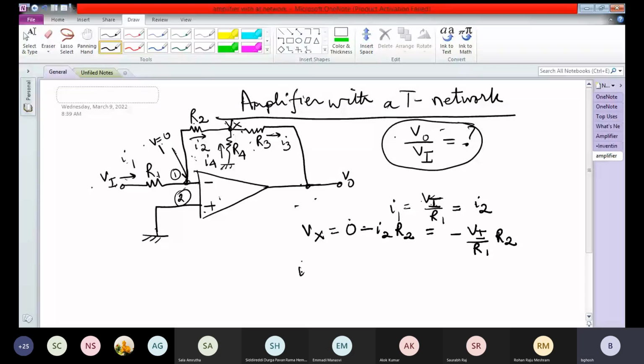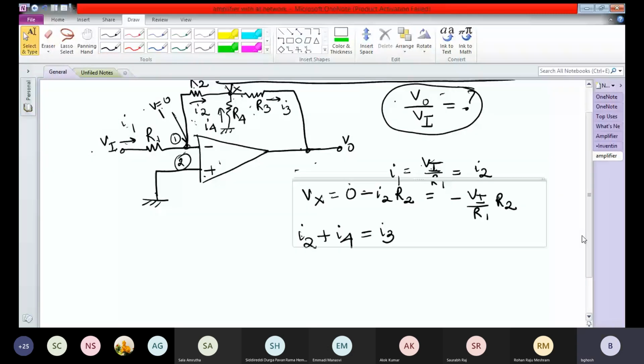We also have I2 plus I4 equal to I3. And what is I2? It is 0 minus Vx by R2. So minus Vx by R2.